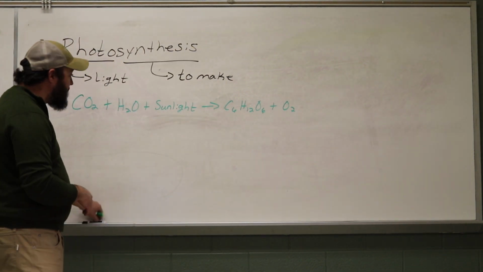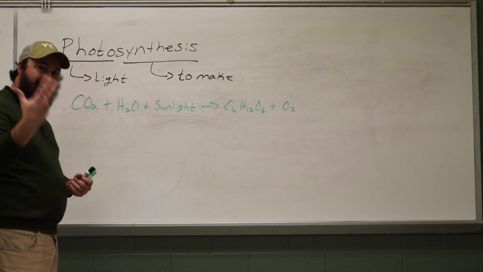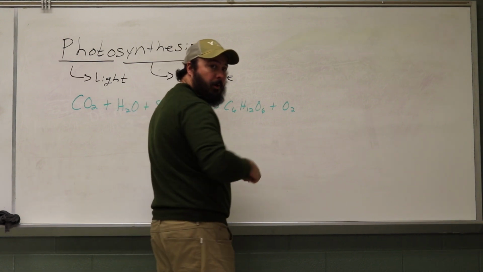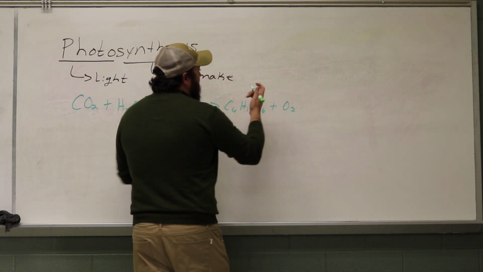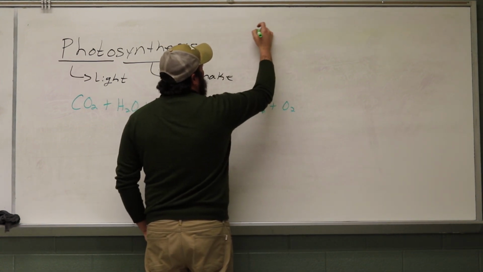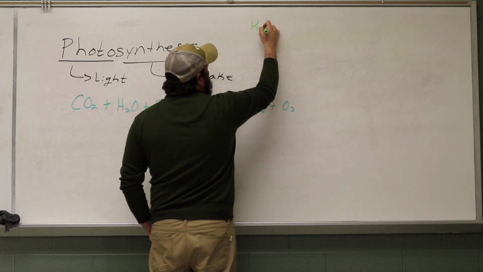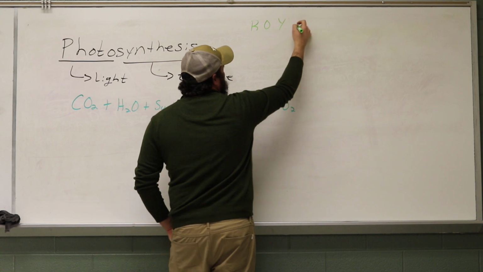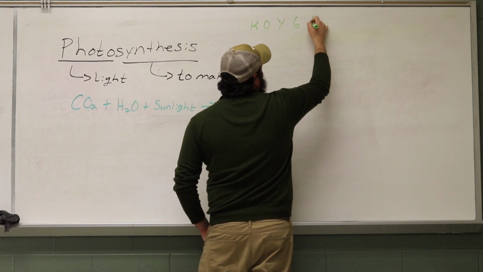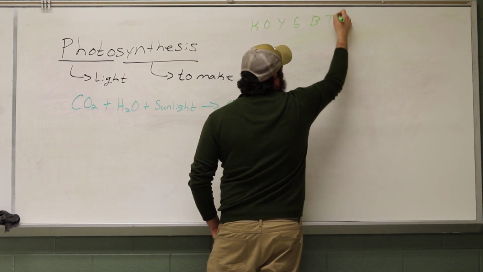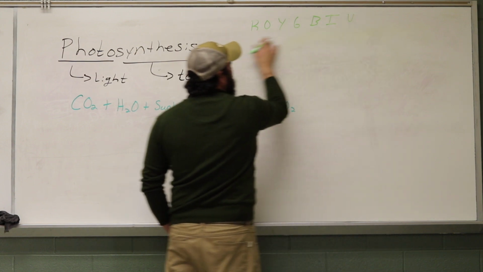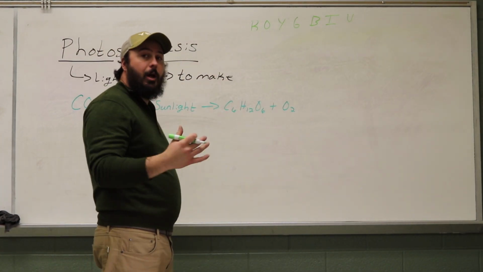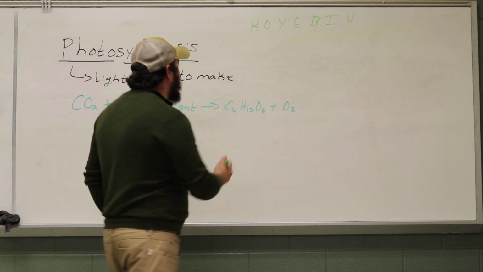So it's probably best to understand, what is sunlight then? How does sunlight function? Light can be broken down in a few different ways. We normally break it down as so. Roy G. Biv. Roy G. Biv is an acronym that helps us remember the wavelengths of light.